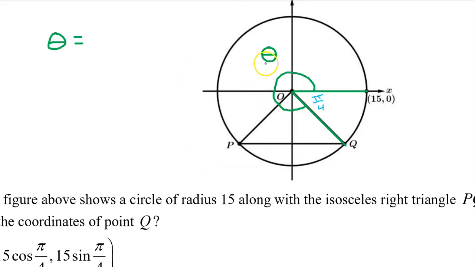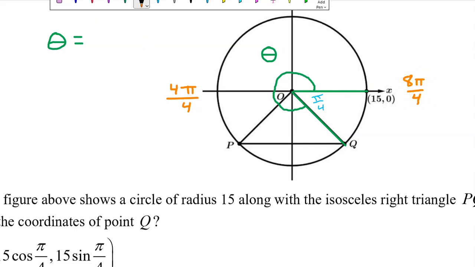Now we can find the measure of angle theta that ends at point Q. Pi is right here, but we will think of it as 4 pi over 4. 2 pi is right here. Let's think of that as 8 pi over 4. So the angle theta is pi over 4 less than 8 pi over 4.